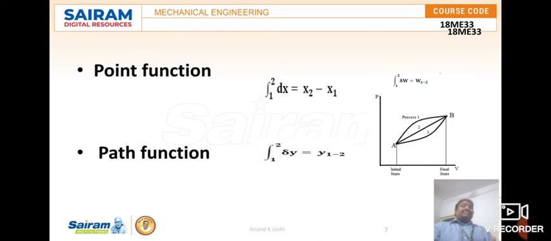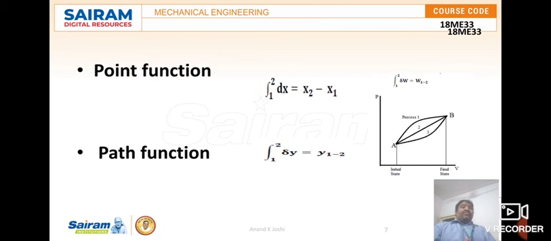These are all called point functions, because at any instant on the PV diagram we can find the correct value of the property. For example, if the gas in a piston covers some distance, dx, we can find the distance covered from 1 to 2. If you integrate it, we get x2 minus x1.